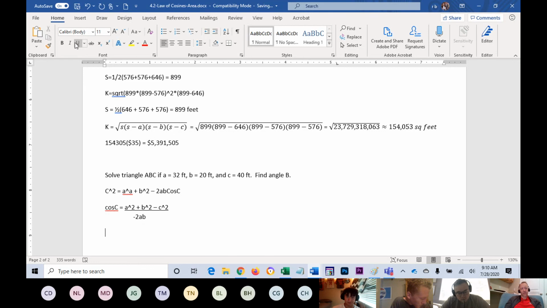Okay. And now we can plug in some numbers. What do you got? So it would be 32 squared plus 20 squared minus 40 squared, and we'll divide that by 2 times 20 times 40.